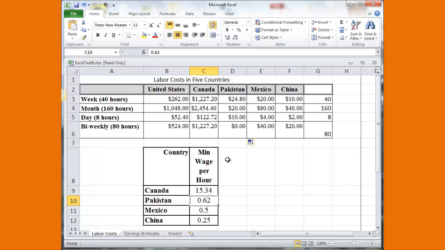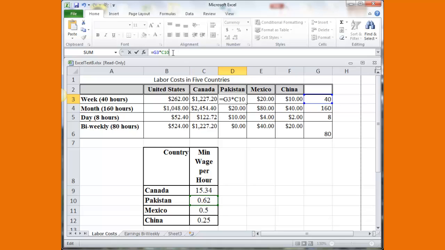So what we're going to do is change this, because what you want to do is multiply this cell, which is G3, times the cell C10. Now remember, you want C10 to stay the same all the time.